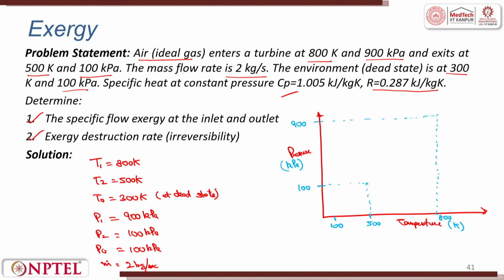So, this is E1 and E2. This is the inlet, and this is the outlet, and here we have the dead state. The dead state pressure is 100 kilopascal, and at 300 Kelvin also we have the dead state.